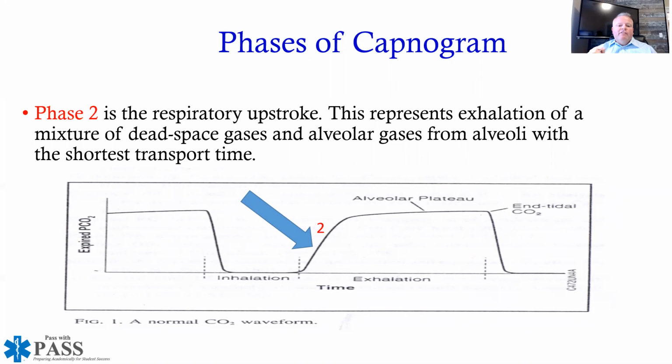That is going to be very watered down CO2 because it hasn't been used for metabolism. So as I initially start to exhale, my CO2 level is not going to be that high. But as I continue to exhale, it becomes more and more concentrated, which is why the waveform increases and eventually starts to plateau.